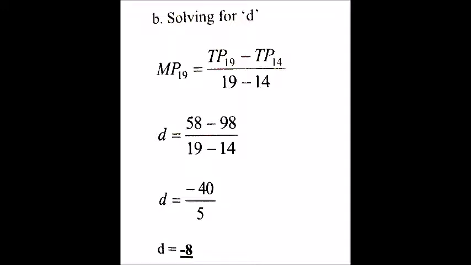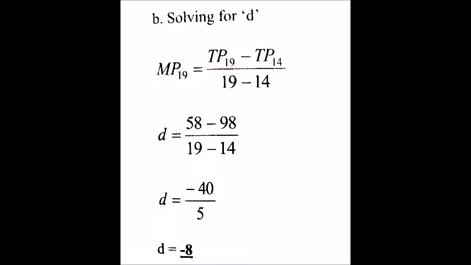So 58 minus 98 divided by 19 minus 14. So 58 minus 98 is negative 40, divided by 5. So D will be negative 8. D equals negative 8.